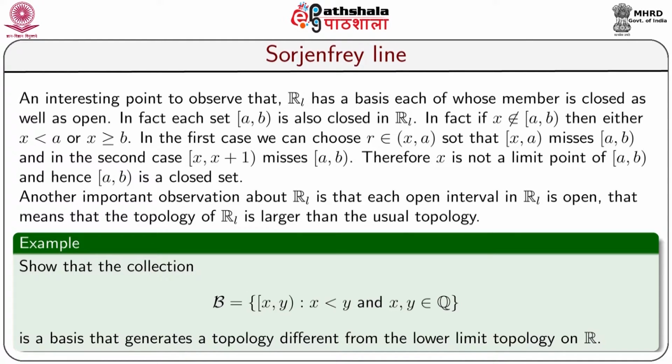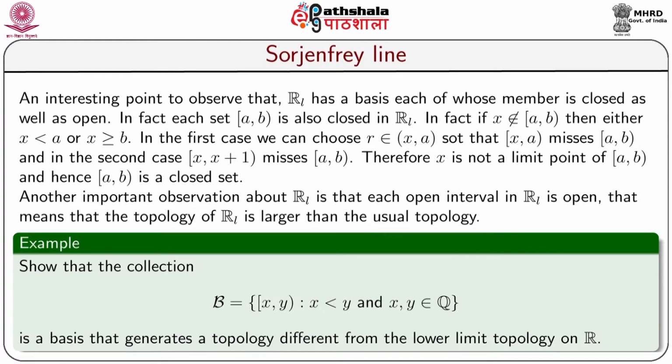because as x does not belong to the semi-open interval [a,b), that means either x is strictly less than a or x is strictly greater than or equal to b. If x is strictly less than a, then we can find a real number r lying strictly between x and a.